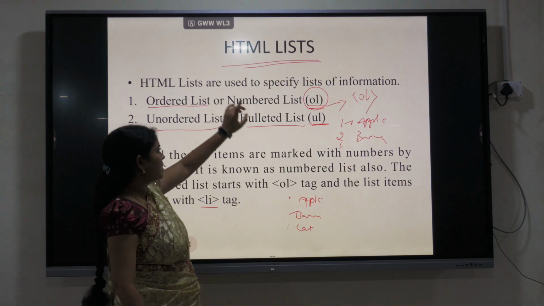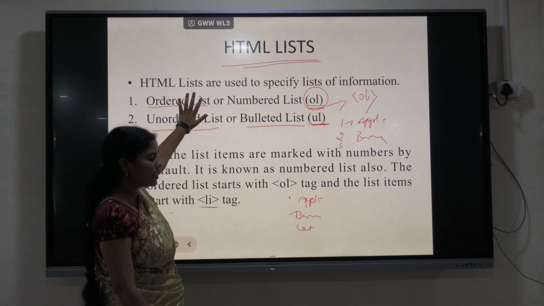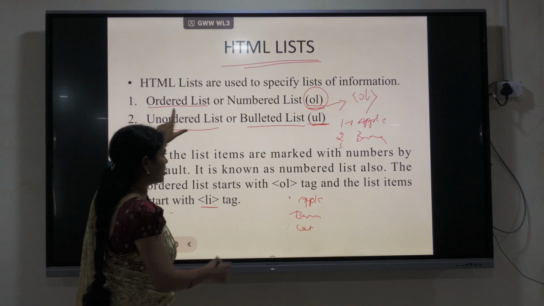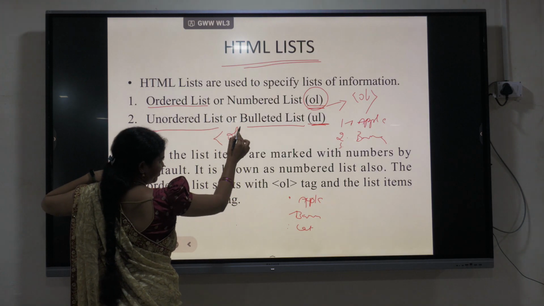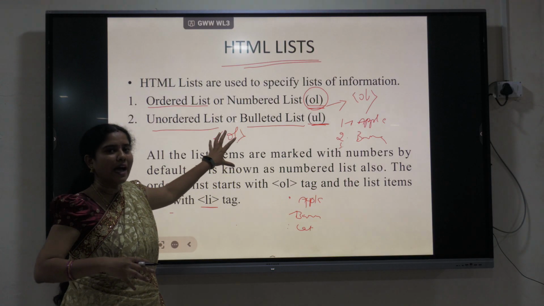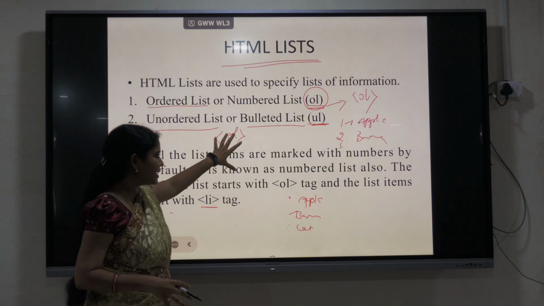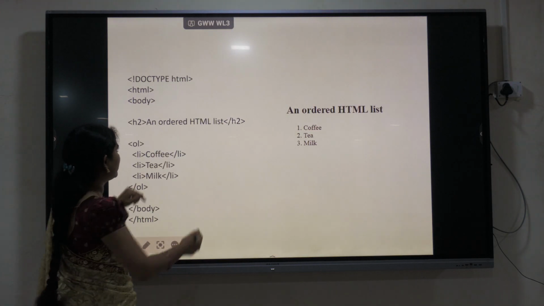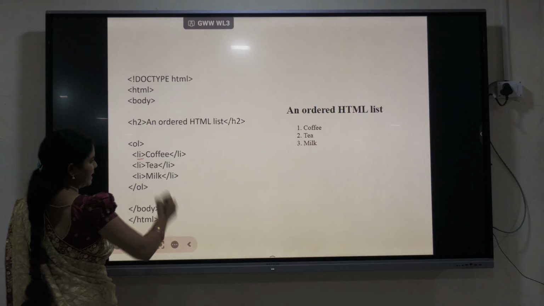So let us see in detail about ordered and unordered list. For the ordered list, we use a tag called OL, and we are saying that I am talking about an ordered list, and for the list items, we use a tag called LI.